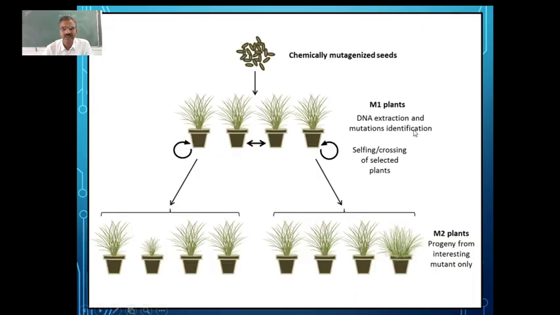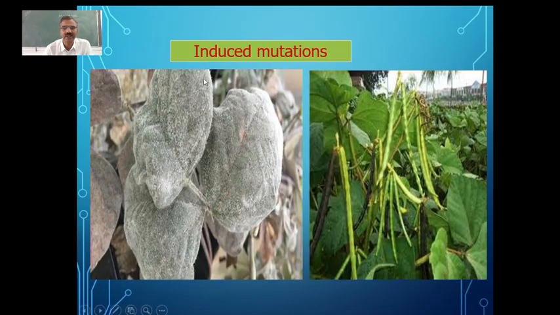Then this is another picture showing the chemically mutagenized seeds. The seeds have been changed, they have been mutated in this case. You can see the example of mung beans, that is green gram.